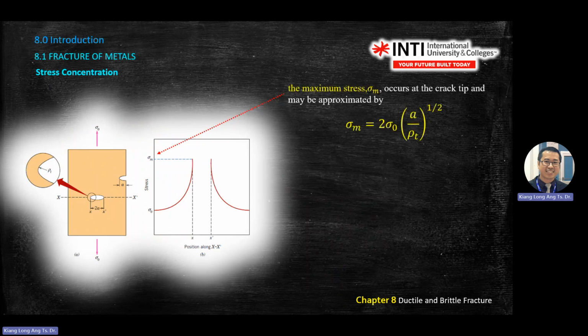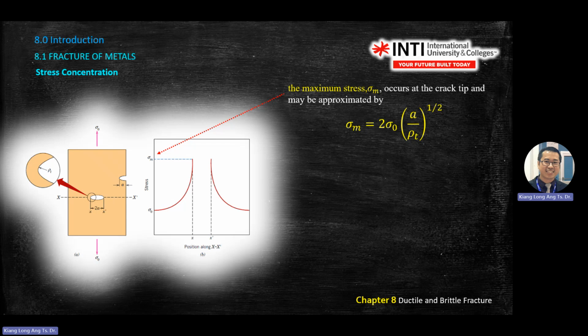Just want to mention the equation here. How to find the maximum stress or stress concentration at the edge of the hole. We could just use the word hole, or the fracture or defect.